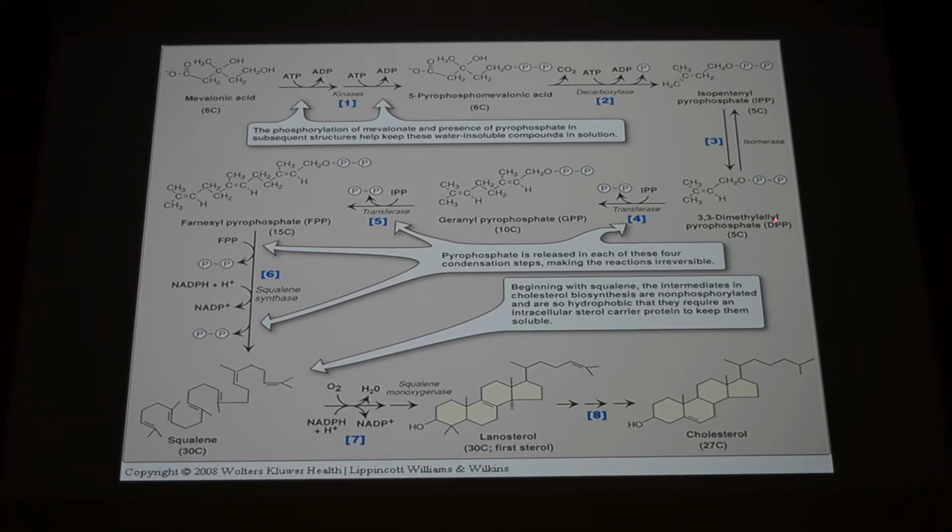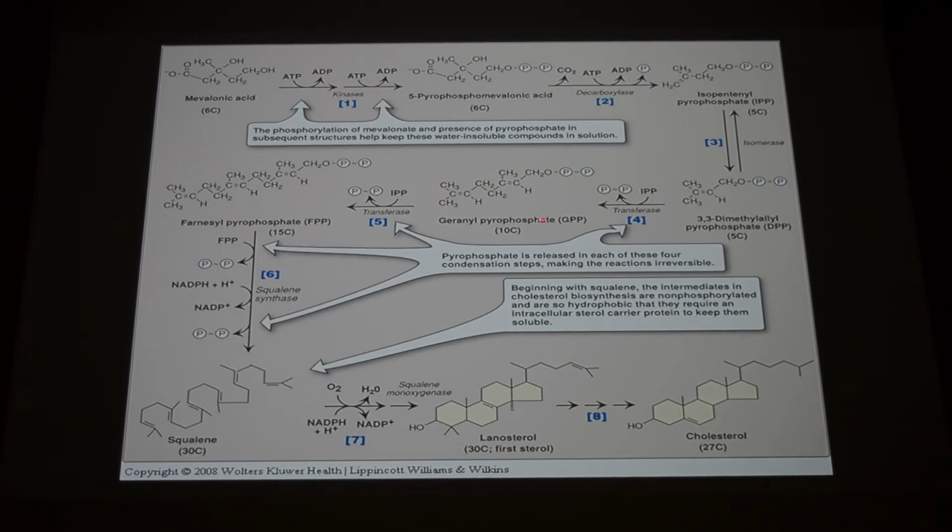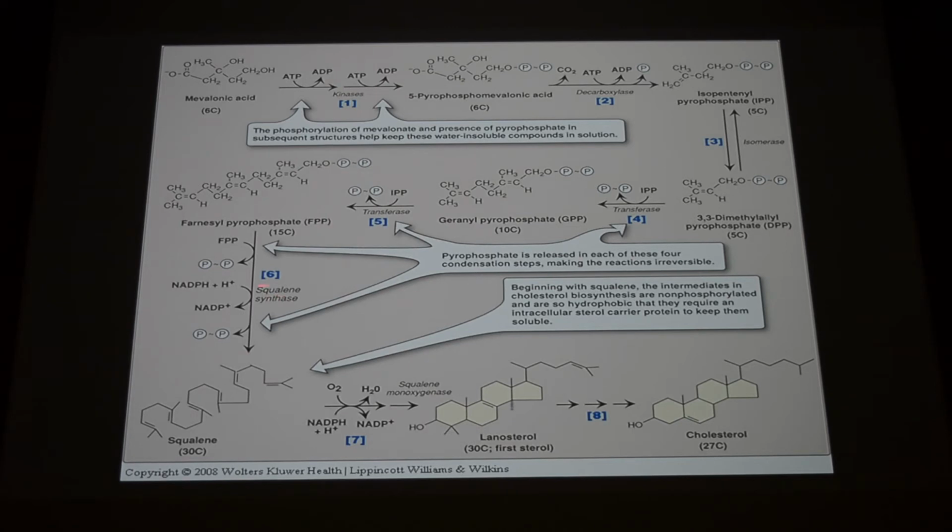Then the isopentenyl pyrophosphate is converted to dimethylallyl pyrophosphate, and then the dimethylallyl pyrophosphate with another IPP, which is isopentenyl pyrophosphate, and a transferase enzyme will form geranyl pyrophosphate, and geranyl pyrophosphate with another IPP will form farnesyl pyrophosphate, and then farnesyl pyrophosphate will form squalene in the presence of squalene synthase. So stage 2 is from mevalonic acid to squalene.